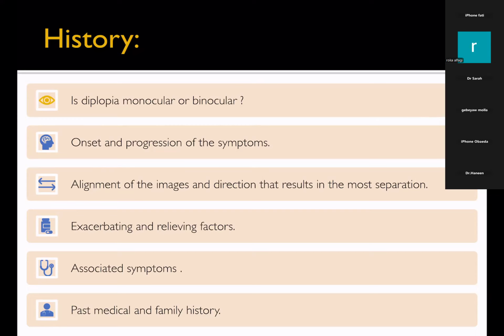Any past medical or surgical history, like any history of childhood strabismus if the patient is an adult. Any history of trauma is very important, any history of closed head injury, very important. Any family history of myasthenia gravis, any family history of other autoimmune disease or inflammatory disease like multiple sclerosis. These are also important and crucial questions in our history.